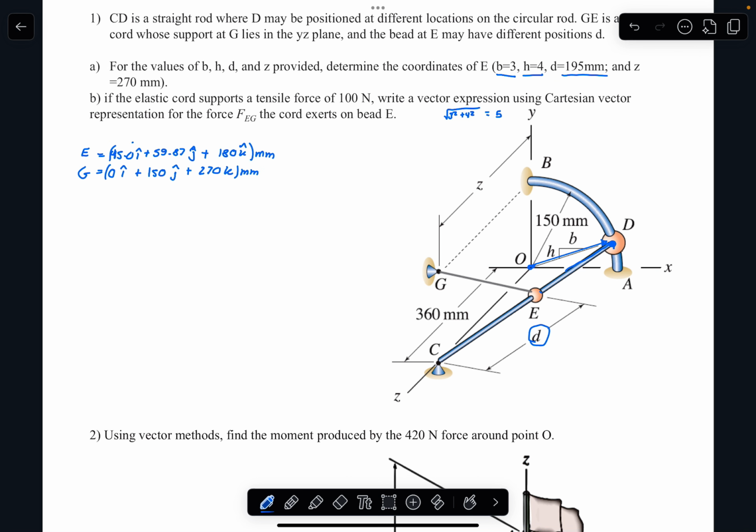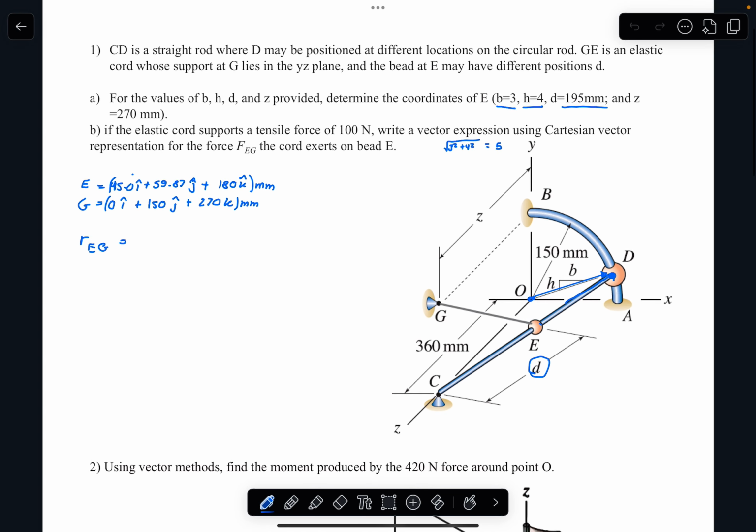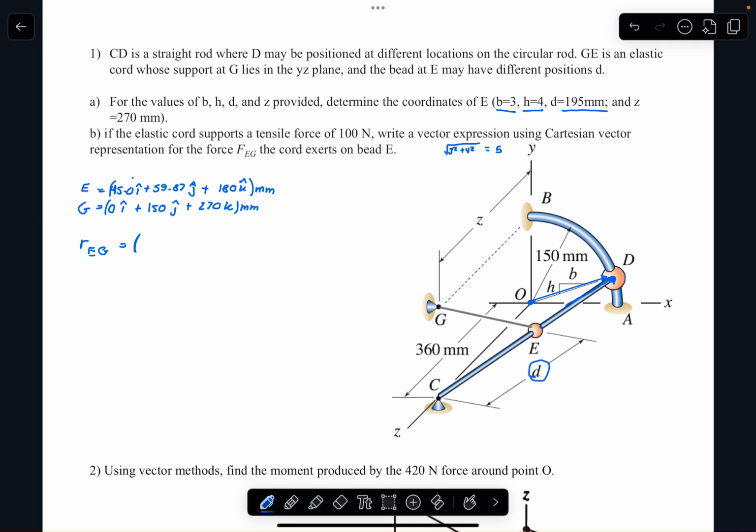And now we're going to find REG. This means that G is the head, E is the tail.